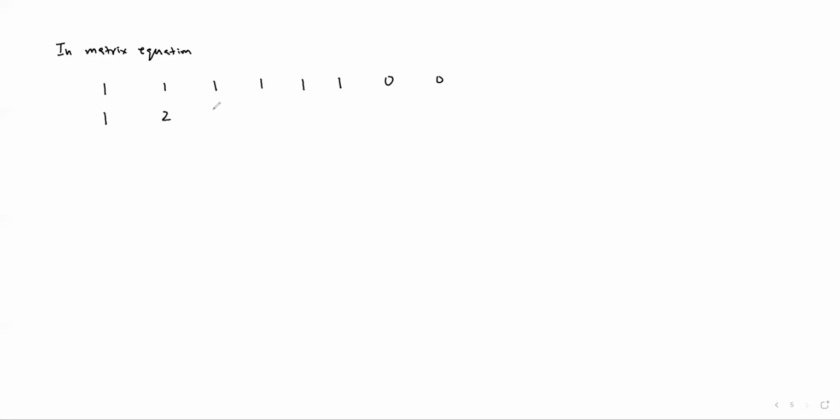Then 1, 2, 2 squared, 2 to the third, 2 to the fourth, 2 to the fifth, then 0, 0. Then 1, 3, 3 squared, 3 to the third, up to 3 to the fifth, then 1, 0.